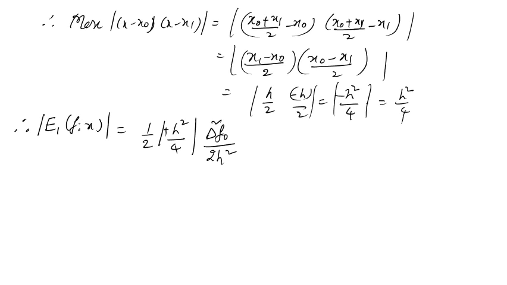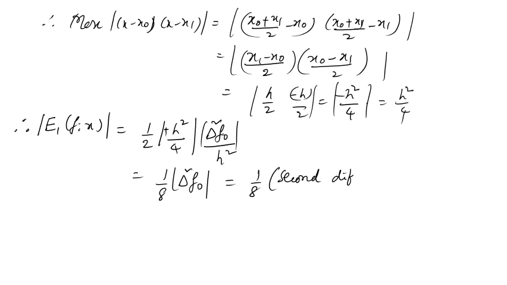Since the 2 is already included, there is no 2 here: delta square f naught by h square. So h square gets cancelled, and we get 1 by 8 of delta square f naught, that is, 1 by 8 of the second difference.